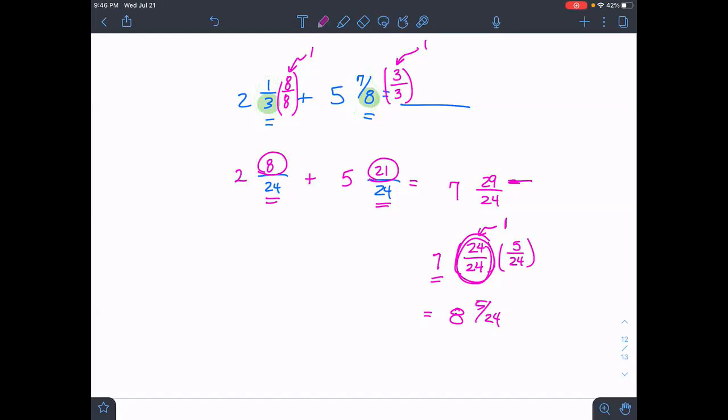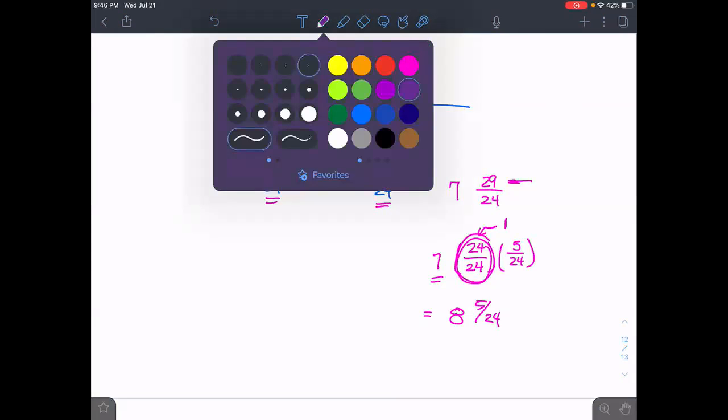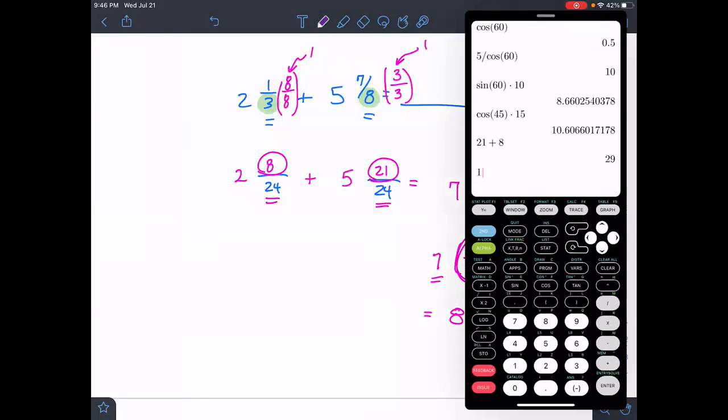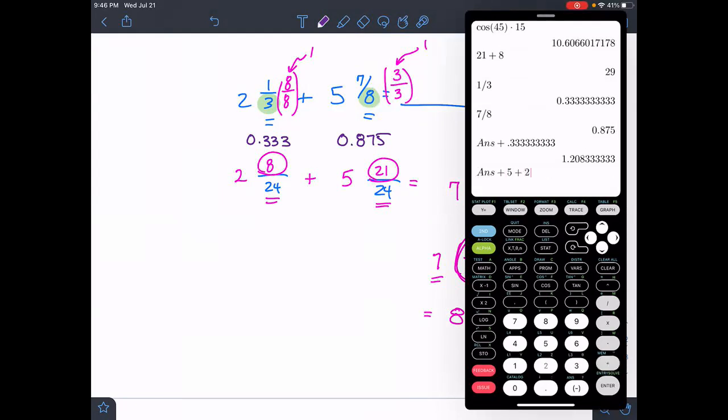So I could have said, okay, 1/3 is 0.333, 7/8 is 0.875, and those added together is 1.208. Then that plus the 5 plus the 2 gets me 8.2083.